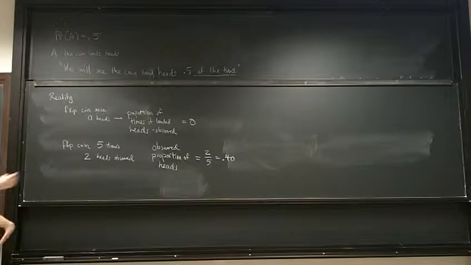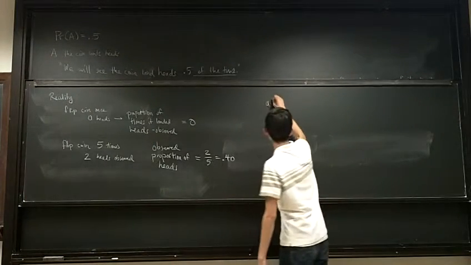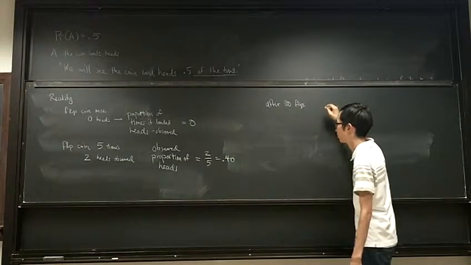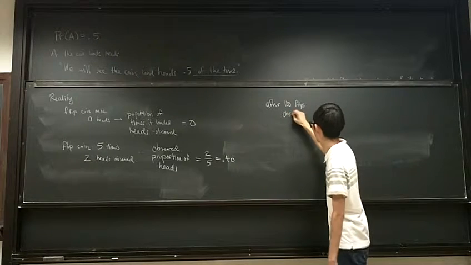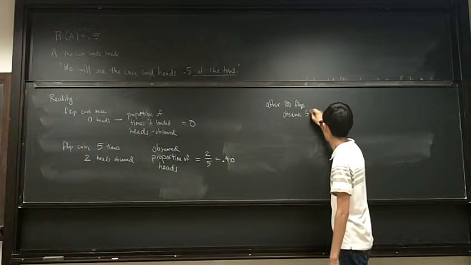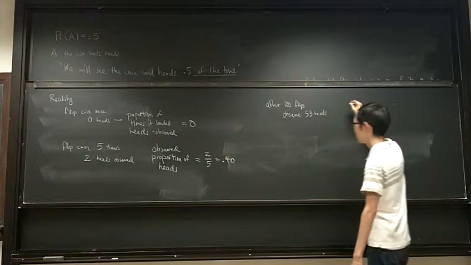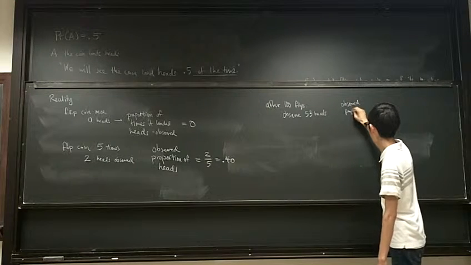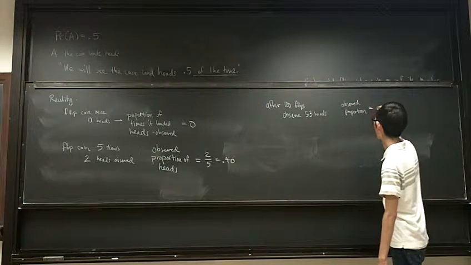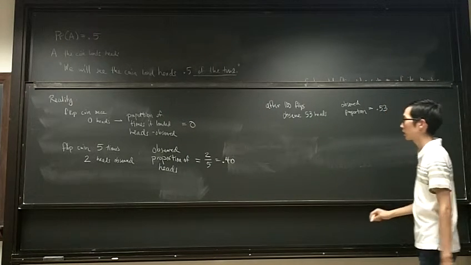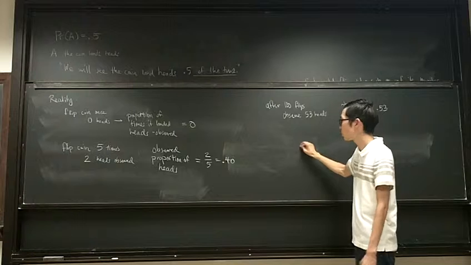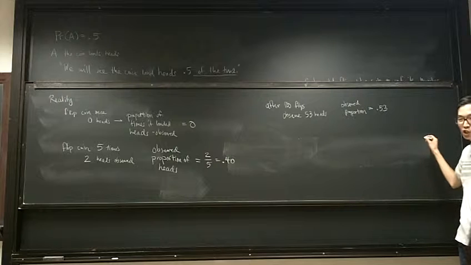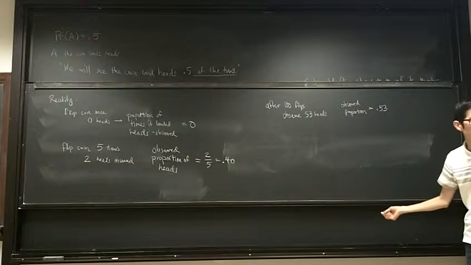Okay, and maybe after 100 flips, maybe I observe 53 heads. Okay, my observed proportion would then equal 0.53. Okay, and the idea is, as I do more and more and more coin flips, this proportion that I observe will approach whatever theoretic proportion, okay?